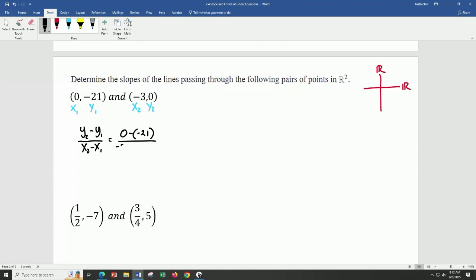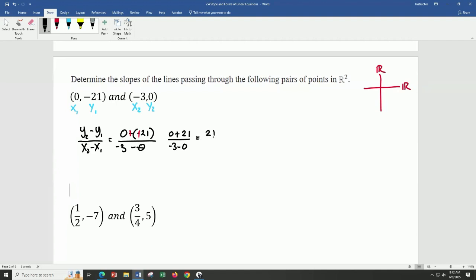X2 is negative 3, and then I got minus 0. Negative and negative make it positive, so those right there go positive. You can always rewrite if you want to. You've got 0 plus 21 all over negative 3 minus 0.